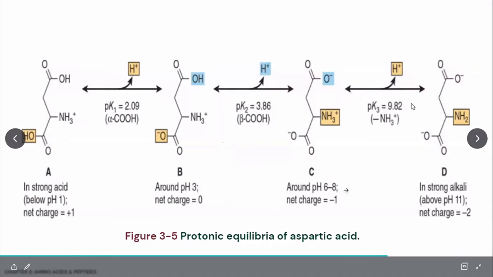Then you increase the pH to pH 11, which is now alkaline.